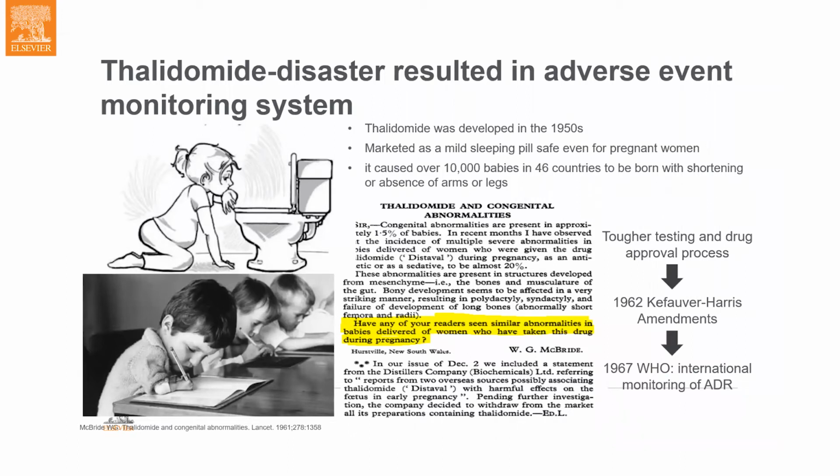And thousands of children were born with a syndrome known as thalidomide embryopathy. To prevent all these things, a system of pharmacovigilance was created over the world and in different countries.